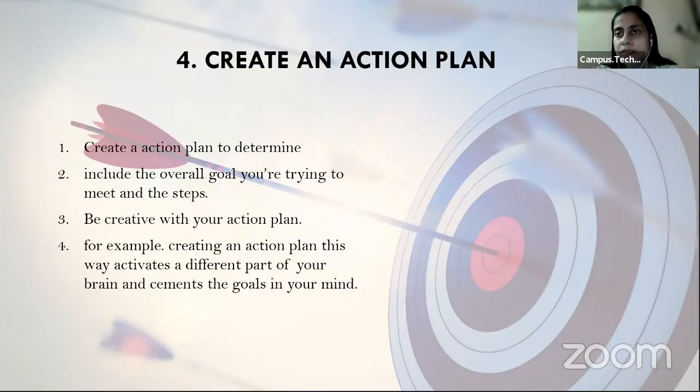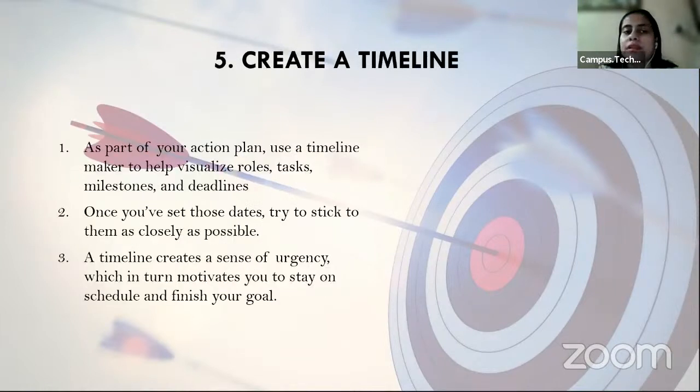You try your best to achieve it because this action plan has activated your brain so that only this goal is stuck. It's not coming out of your mind, and it will not come out of your mind until and unless you achieve that thing. So make sure you create a plan of action to achieve your goal.